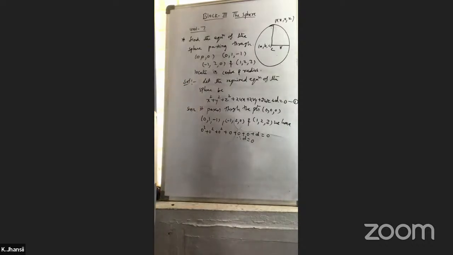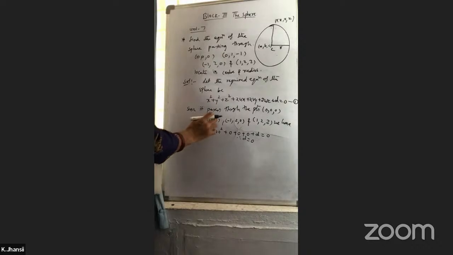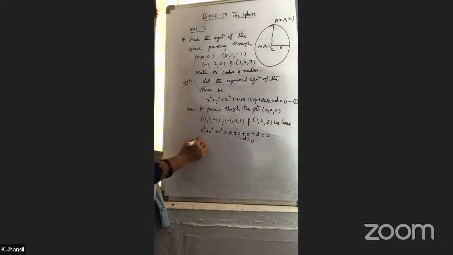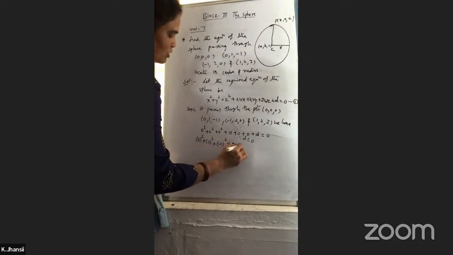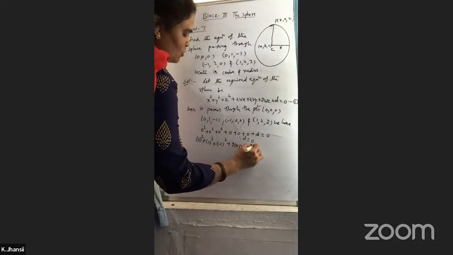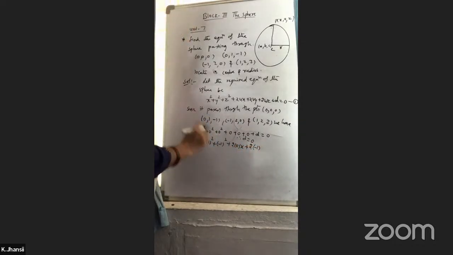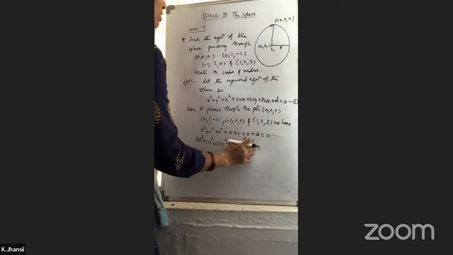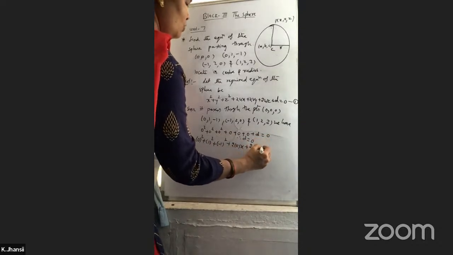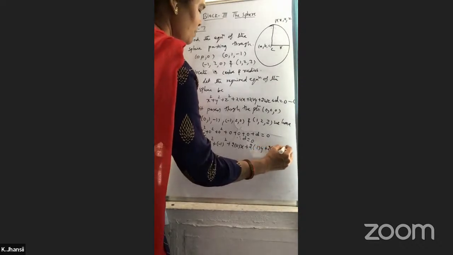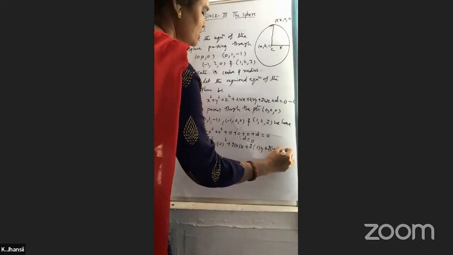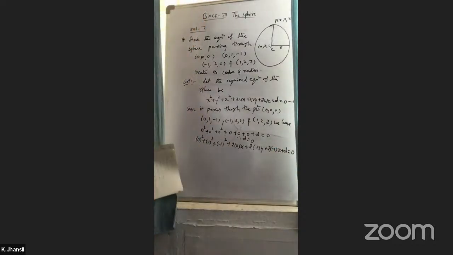Now the second point is passing through equation 1. The second point is 0, 1, minus 1. So x square is 0, plus 1 square plus minus 1 whole square plus 2 into 0 into x plus 2 into v, which is 1, into y plus 2 into w, which is minus 1, into z plus d equals 0.